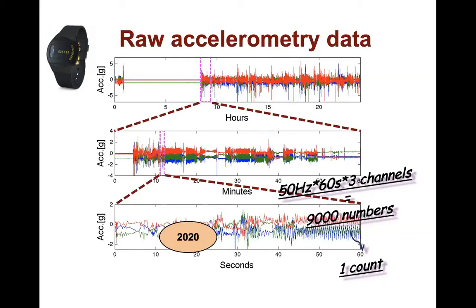In this data, for example, we collected at 50 hertz, throughout the day, so throughout 24 hours. It's very hard to see what's happening in the data. Maybe one period, maybe a sleep period, can be seen, but otherwise it's very hard to see.